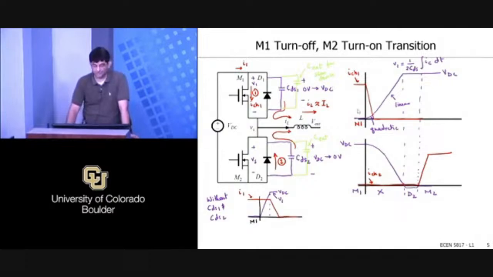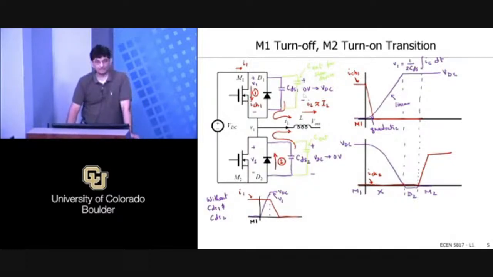Better still, most of that energy was going into charging this output capacitance on M1. So essentially it gave us zero voltage turn off of M1 and zero voltage turn on of M2 without us doing anything special. We were just using the output capacitances of the devices. And if the device was slow, like an IGBT, and we wanted the same kind of transition, we could just add more capacitance.